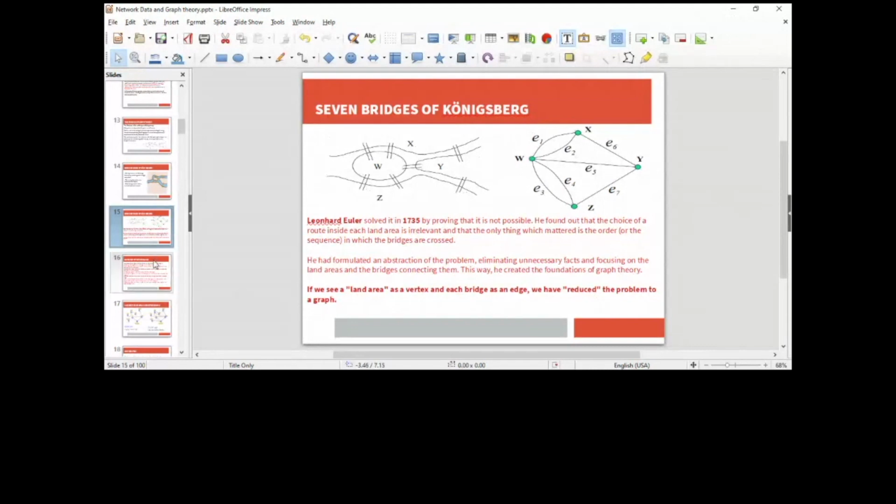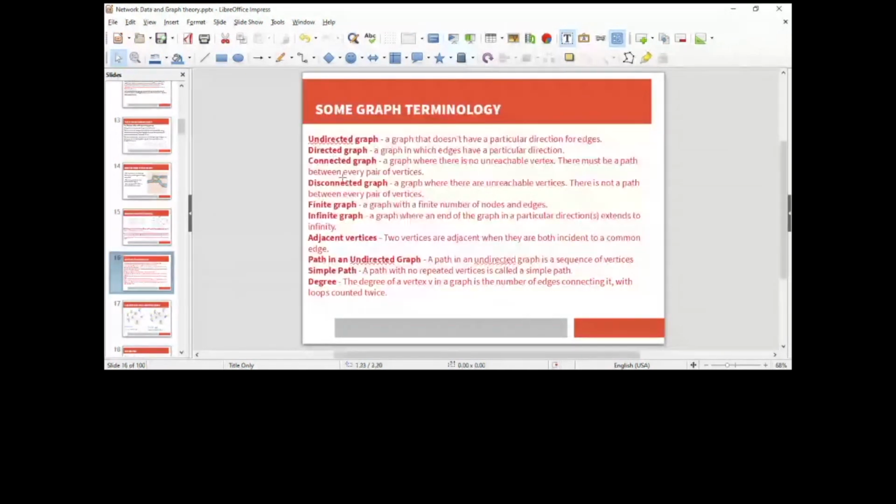Okay, so let's go to other terminologies before we start going into algorithms. I talked about the undirected graph. It doesn't have any particular direction. Directed has a direction on the graph. Connected graph, a graph where there is no unreachable vertex. There must be a path between every pair of vertices, okay?